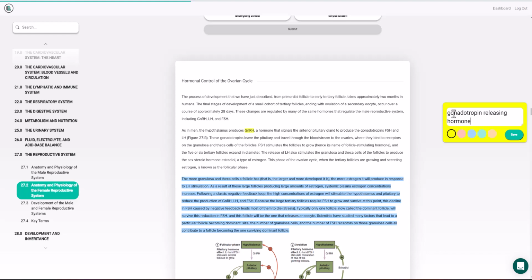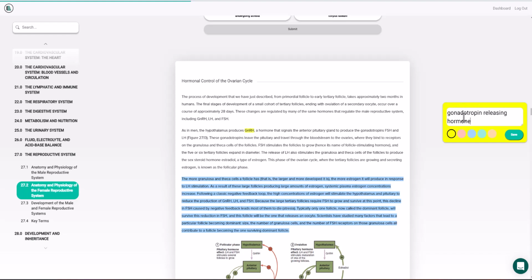Okay, gonadotropin releasing hormone, GnRH. And you know what this means. This is a protein that ends in IN, right? Trope, recall from the vocab, means to influence. So this is a protein, a hormone, that influences the gonads, right?